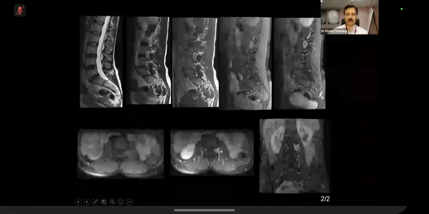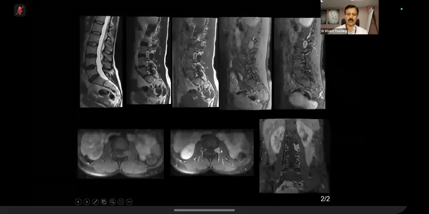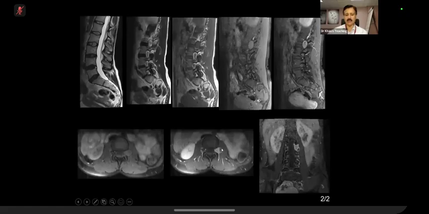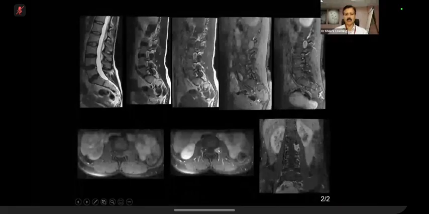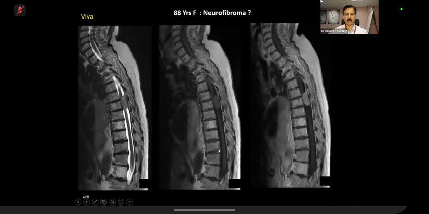Usually schwannomas will go into the IAM, but another discriminator is cystic component. Schwannomas can have a cystic component in the CP angle, but meningiomas will not. Similarly, in the spine, a day or two ago, I showed you a paraspinal neurogenic tumor which had a cystic component. So don't get confused. Hemorrhage, cystic component, all of these things can happen.